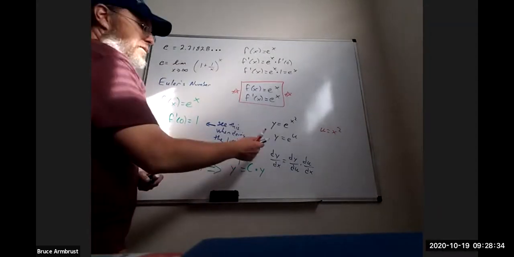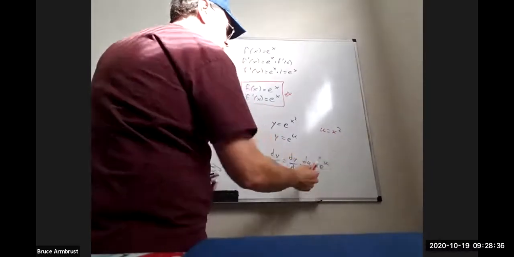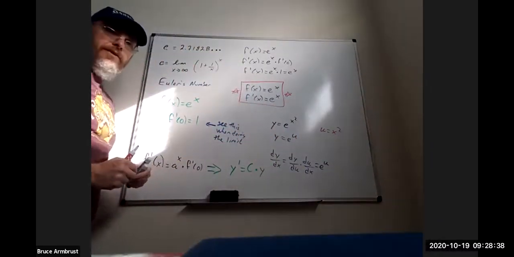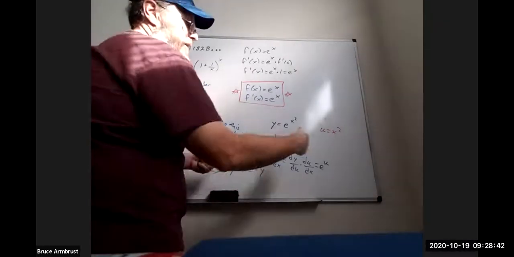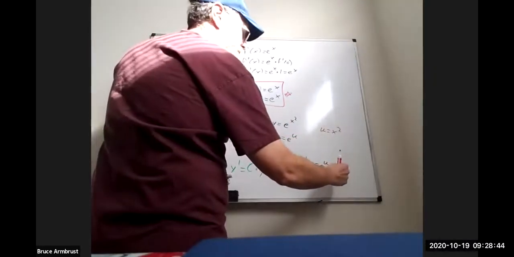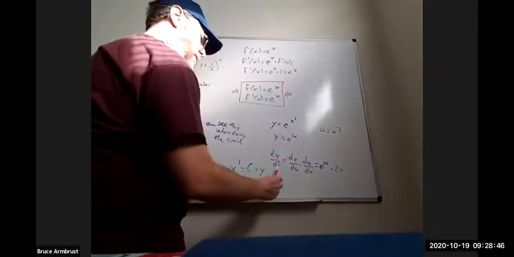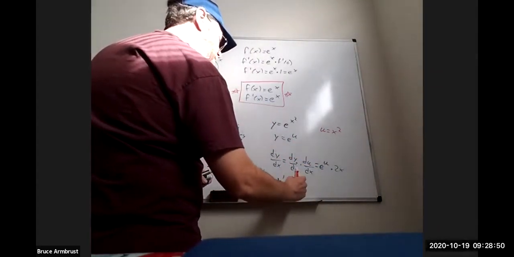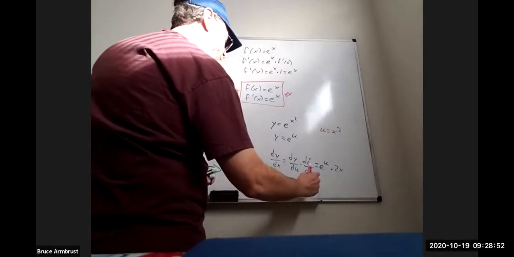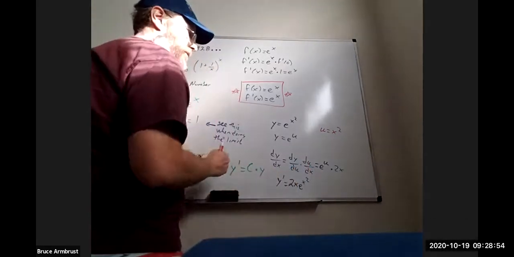So dy du is e to the u. The derivative of e to the u is e to the u. Du dx, the derivative of x squared is 2x. So we get that y prime then is equal to 2x e to the x squared. Right?